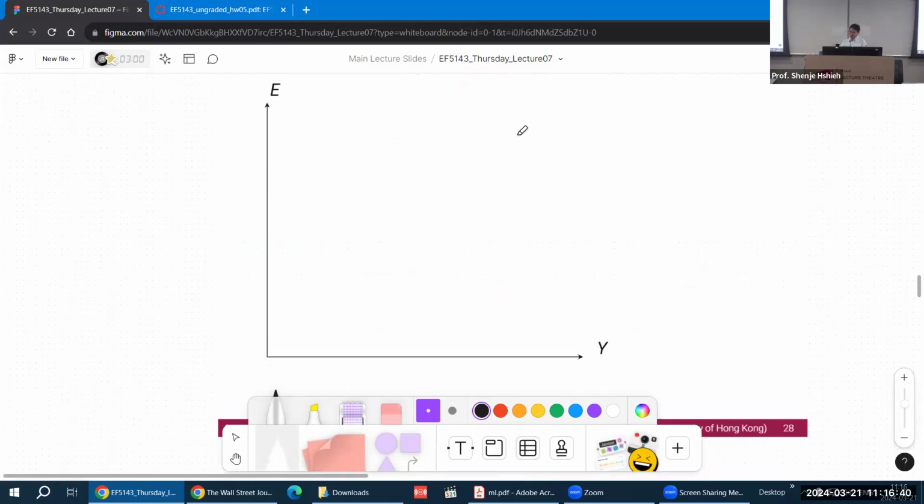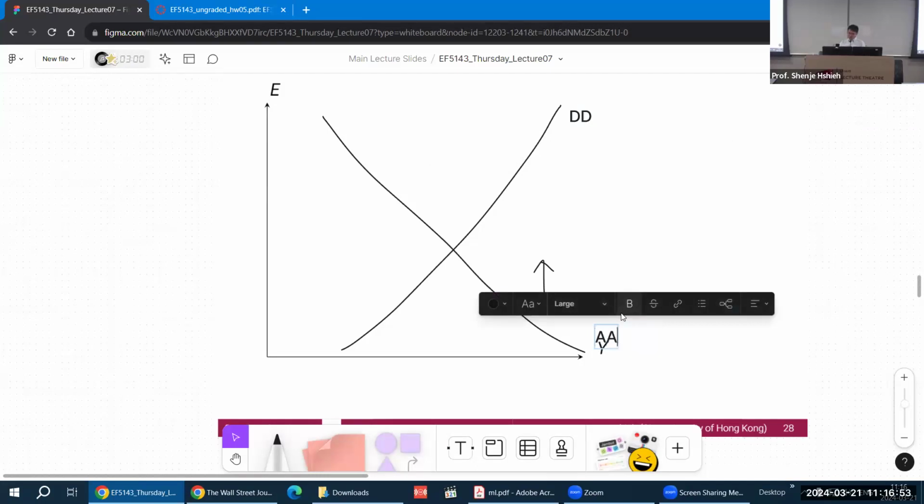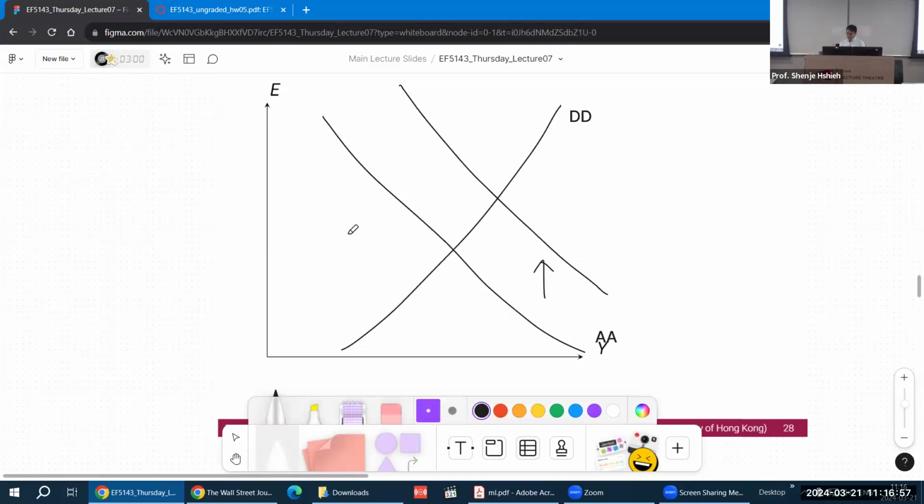Suppose you do expand monetary policy. We all know what that looks like. It's an upward shift in the AA schedule. So here's DD. Here's AA. And we know it's a no-go because we are required to be here, right?